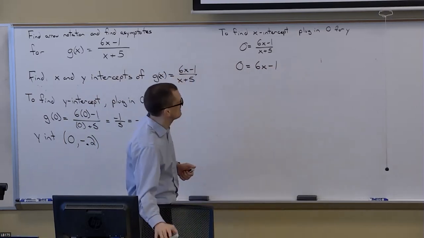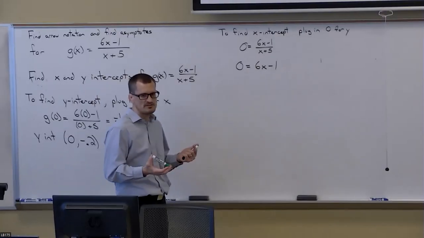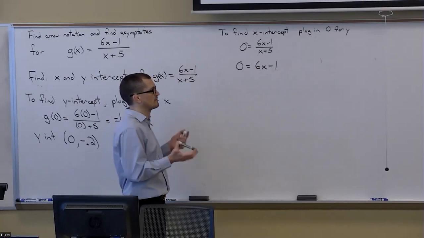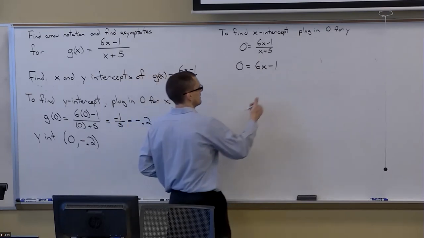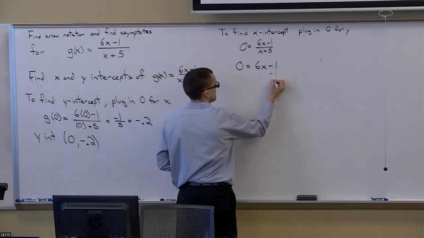So some people would say multiply both sides by x plus 5. Other ones would say, well, if a fraction is 0, the numerator has to be 0. Either way, fine. Add 1, then divide by 6.